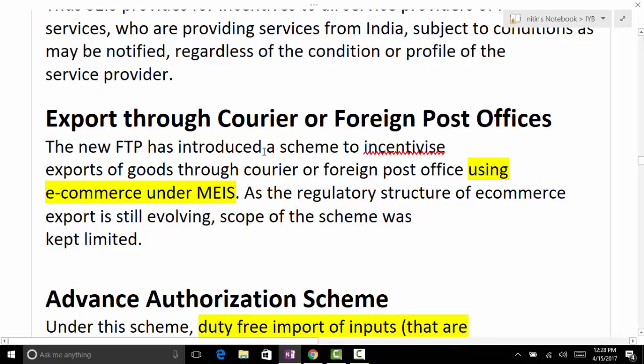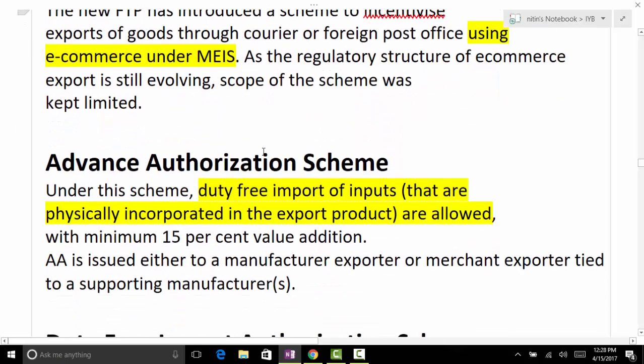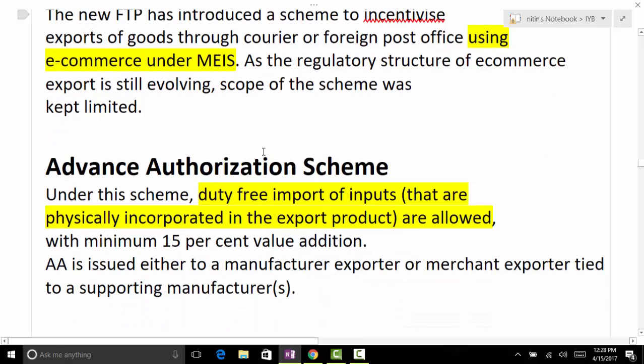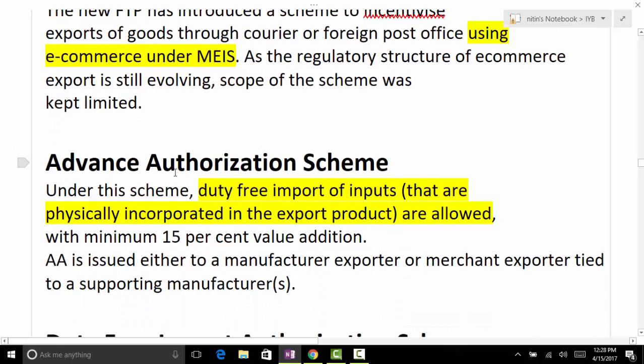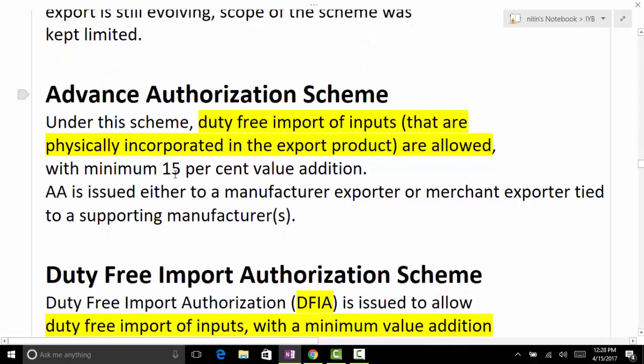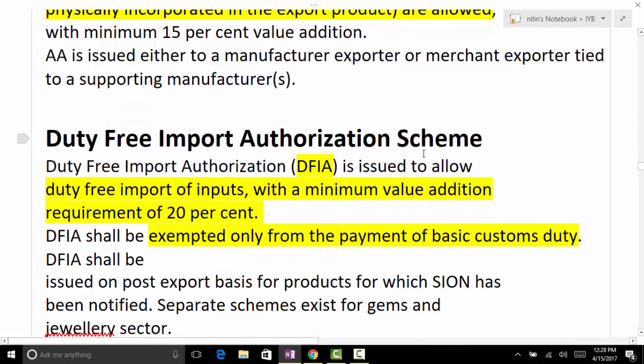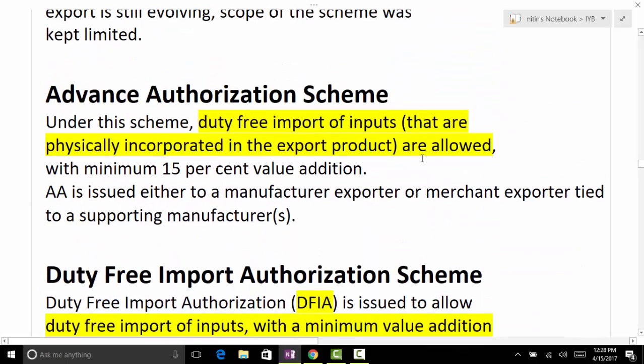Then we have export through courier or foreign post offices; you can leave it even if you want to, it's up to you. Then the advance authorization scheme and the duty-free import authorization scheme. The basic idea is the same: to give duty exemptions on imports so that we can incentivize exports. Import is made duty free so that the imported product is used in making a final product that is to be exported.